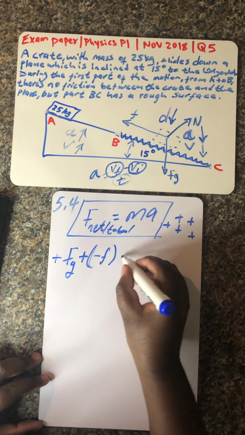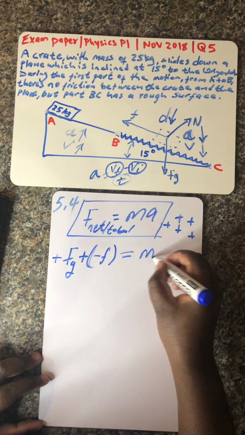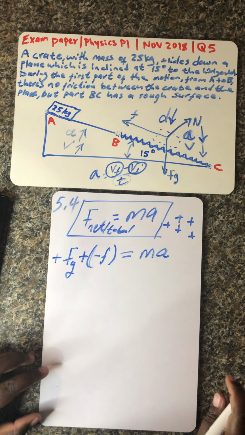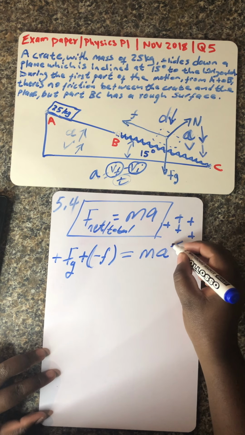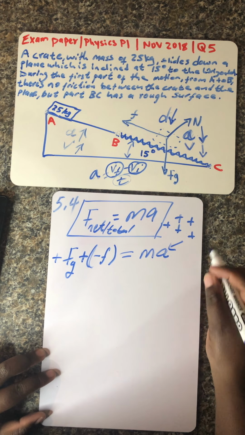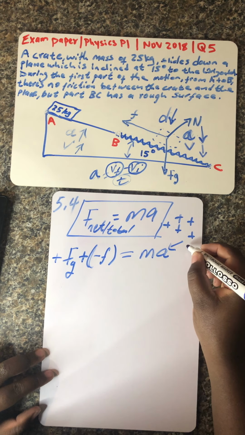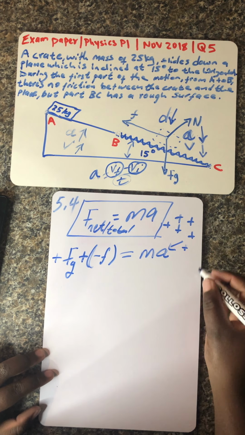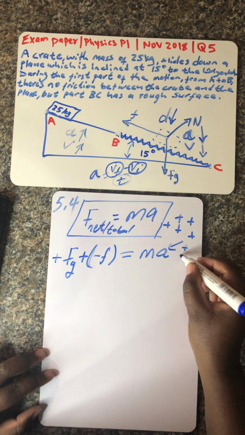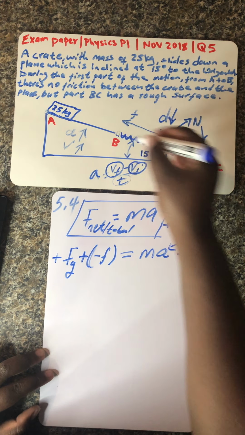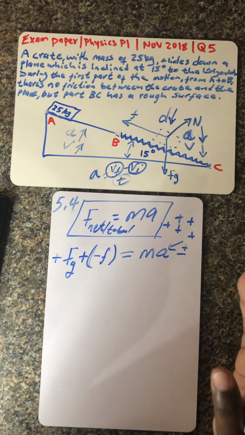Then you equate these two to ma. Okay? Most importantly, remember guys, when this object moves between B and C, the acceleration is not increasing, but instead is decreasing. I've just explained that when it moves between B and C, it's decelerating.